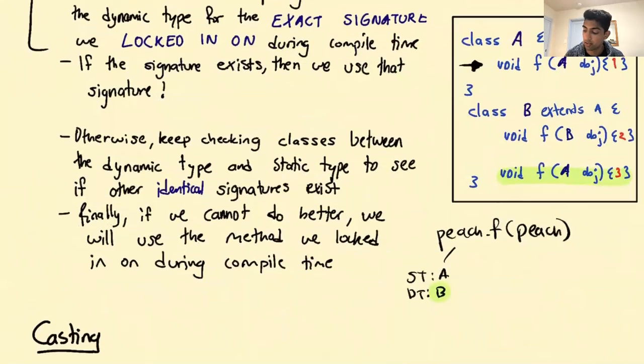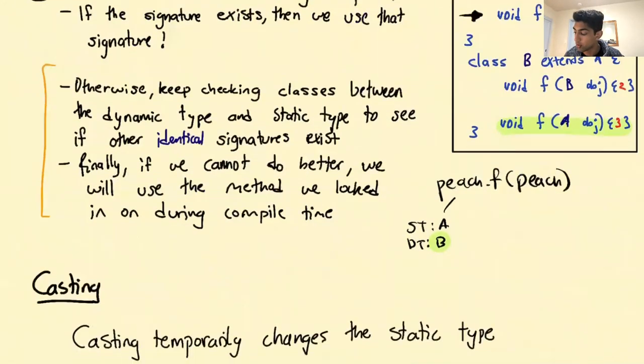There's a small other possibility: what happens if we have classes between this dynamic type and static type, okay? In this case, we check if the exact same method signature that we locked in on during compile time exists in these intermediate classes. I'll quickly explain what I mean by that. I'm going to quickly get rid of this just to create some space.